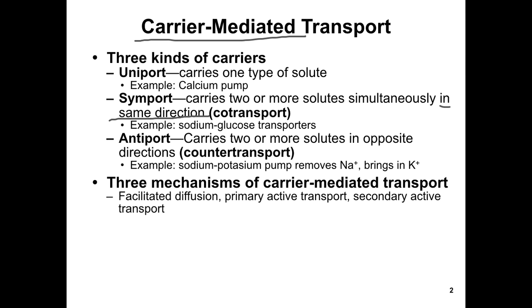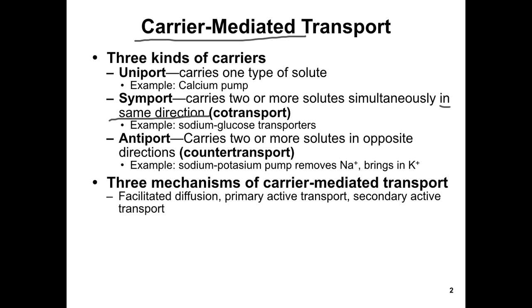Again, you have to have them both. You can't have just one. But this time, you have to have one on one side and the other on the other side, and they move in opposite directions. So these are the three kinds of carrier proteins.